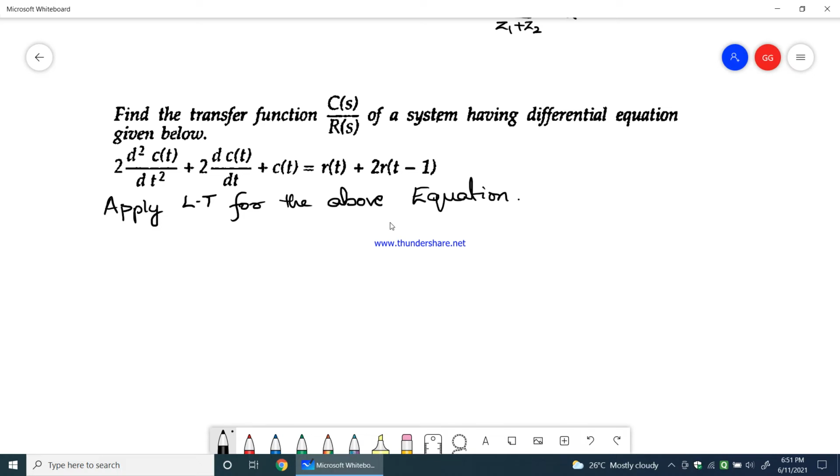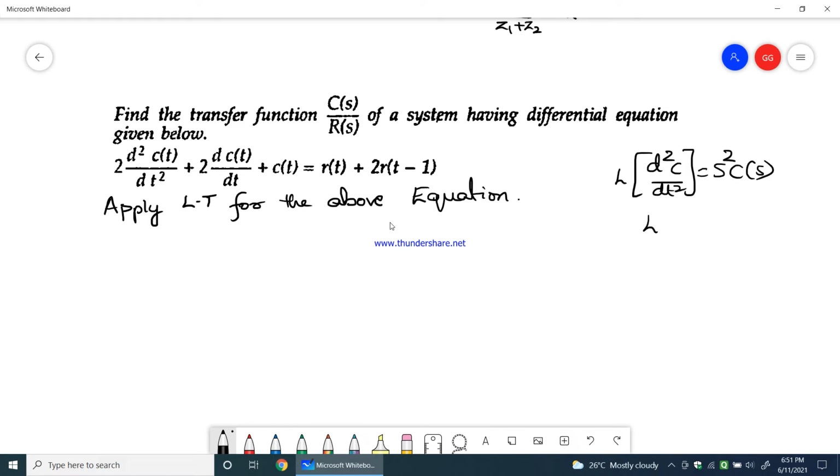So what do we get here? The Laplace transform of any double derivative is just multiplying s square into C of s. You just change the power of s.